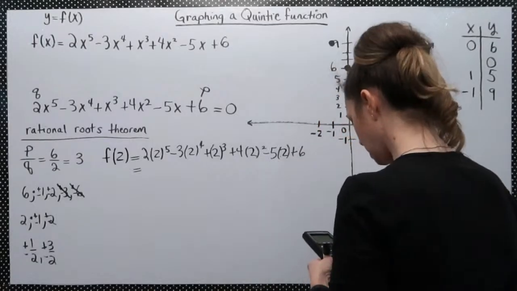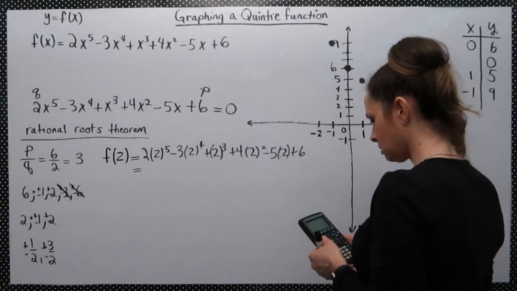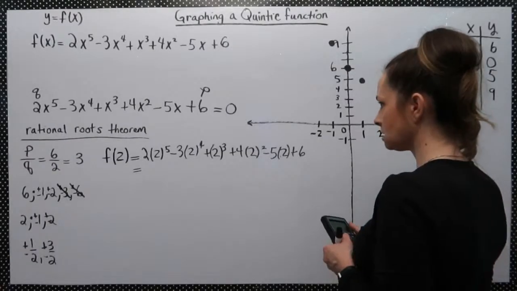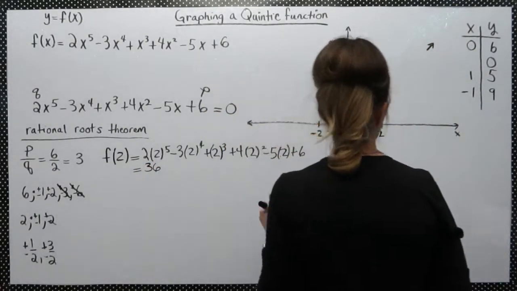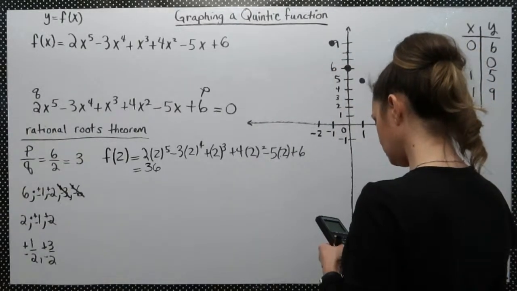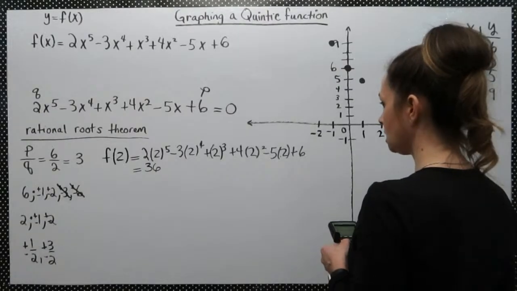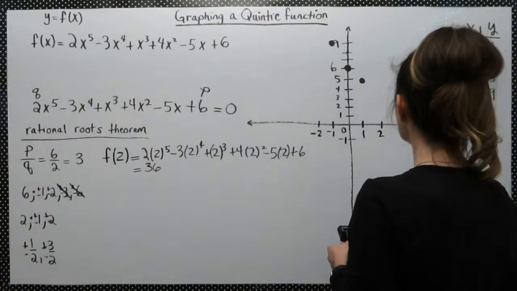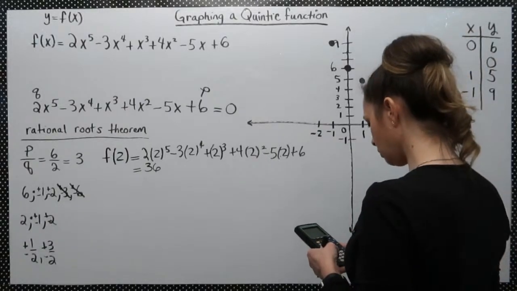And I'm going to put it in the calculator real quick. 2 stored for x. 36. And -2. -88. Ooh, yucky.